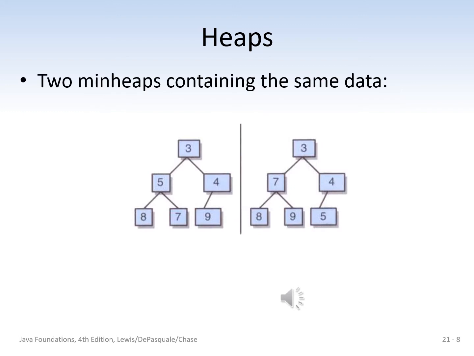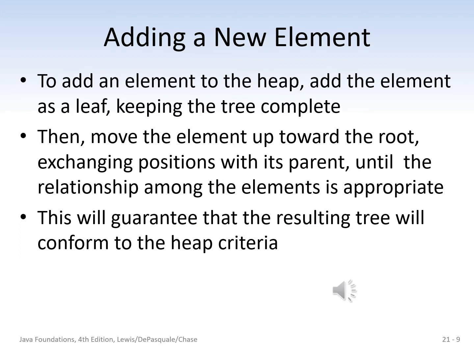Here we show two min heaps which actually contain the same data with different ordering, and they both adhere to the protocol of a min heap. Each node is less than, or equal to, the children. For us to add an element to a heap, we first add the element as a leaf, keeping the tree complete.